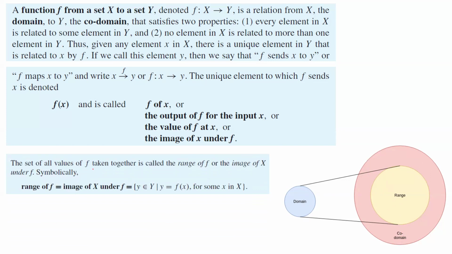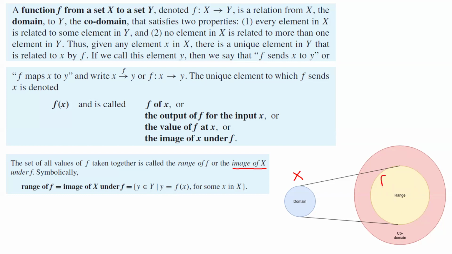The set of all values of f taken together is called the range of f, or the image of X. So if this is set X, then this is the image of X, which we call the range.